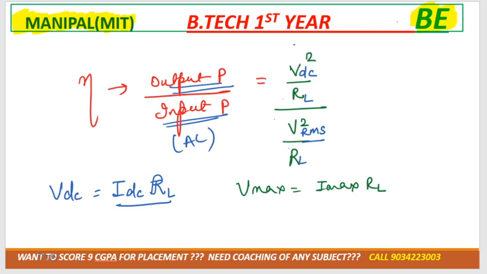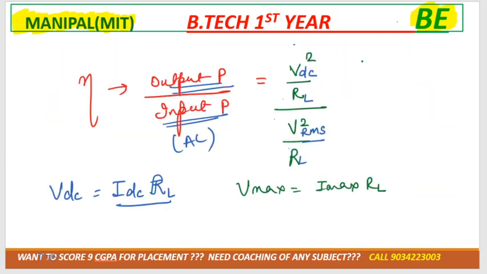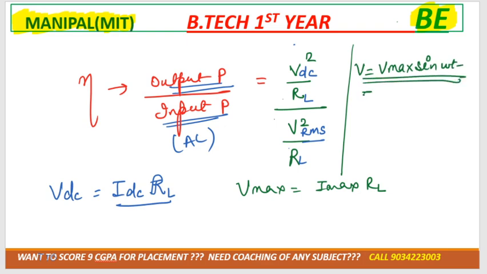One more thing that you need to remember, the standard equation, as you know, you will study this in BT also, that V is equal to Vmax sin omega t. This is the standard equation of voltage, and of current too. So what they do in questions, many times they'll give you the equation form, like suppose they'll give you V is equal to 230 root 2 sine of 2 pi t, okay?